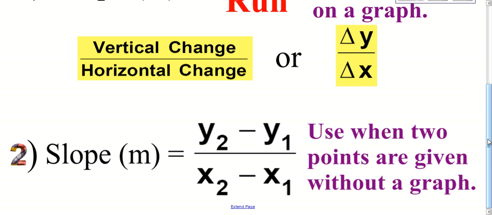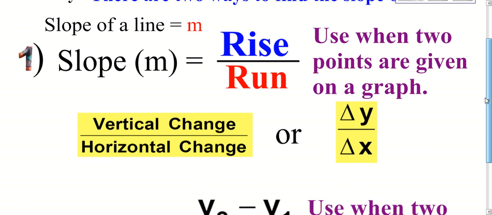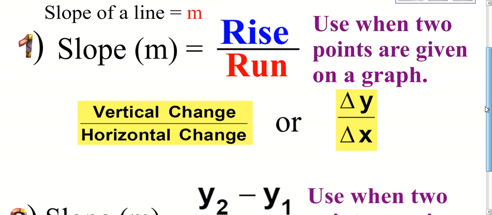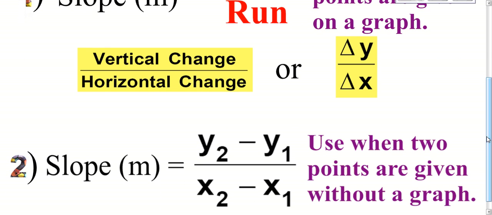So primarily you would have a question that says find the slope of a line with these 2 points, and the coordinates of the 2 points are given, but there's no graph. So you could use y2 minus y1 over x2 minus x1 for that. And both methods will give you the slope of a line. It should give you the same answer.